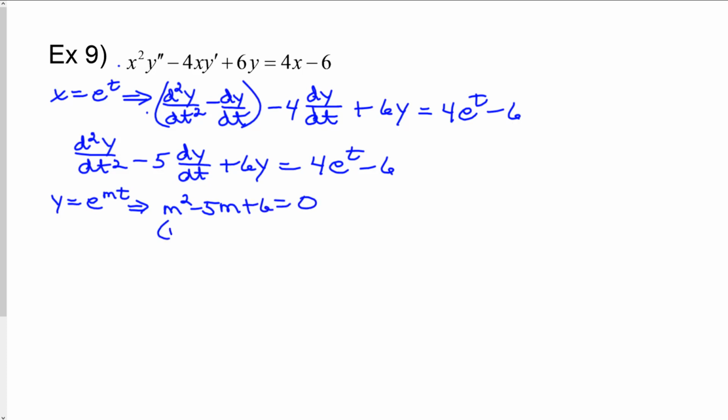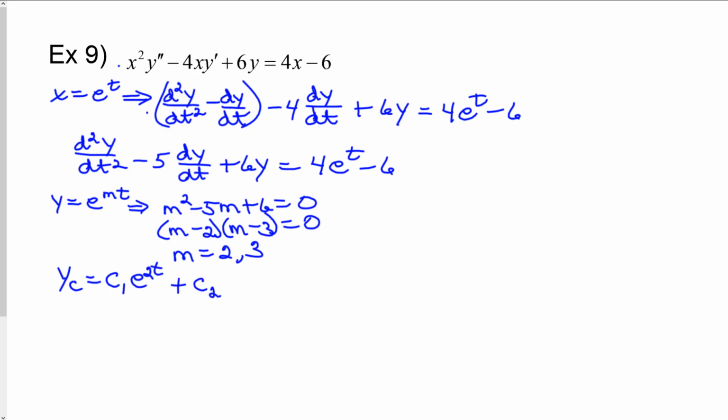And that factors as m minus 2 times m minus 3. So we would have two distinct real roots, m equals 2 and m equals 3, which would lead us to y sub c equals c1 e to the 2t plus c sub 2 e to the 3t.